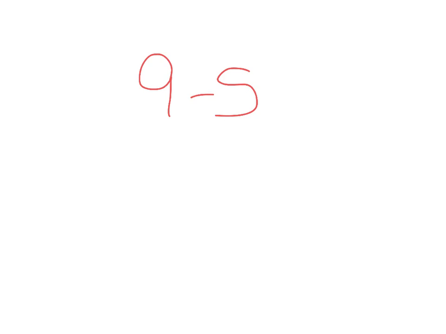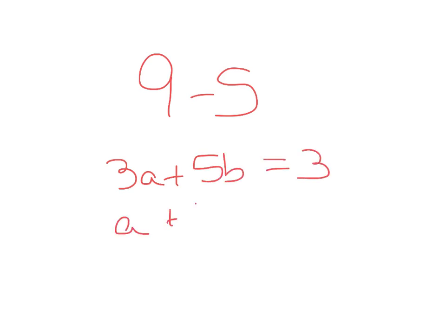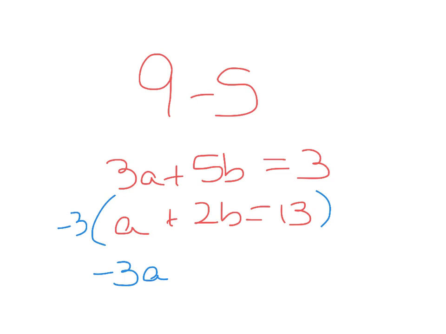Let's say you have 3a plus 5b equals 3, and a plus 2b equals 13. Let's say I wanted to clear the letter a. What I can do is multiply my second equation by -3, and then that will give me my a terms to cancel.